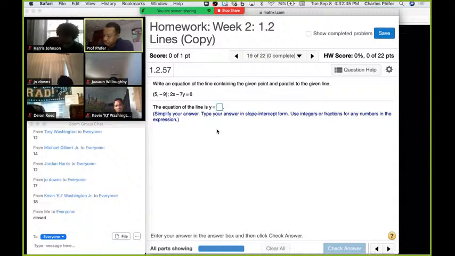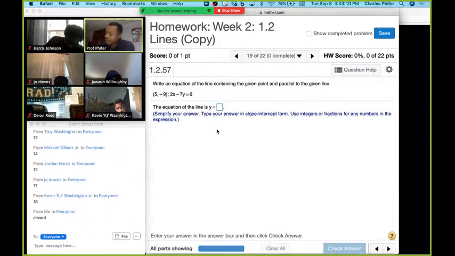Section 1.2, containing the point and parallel. So 5 comma negative 9, and parallel to 2x minus 7y equal to 6.